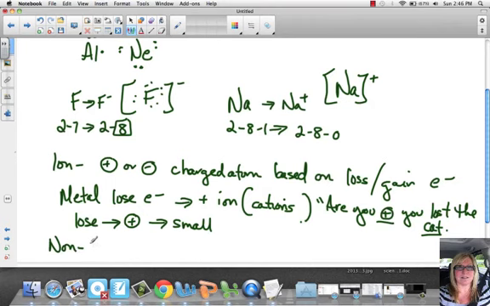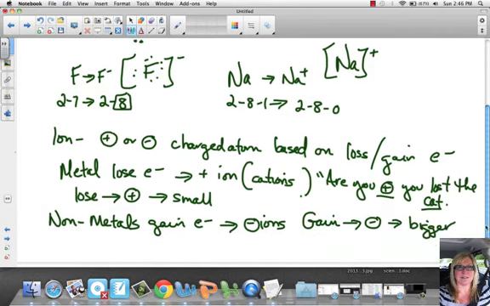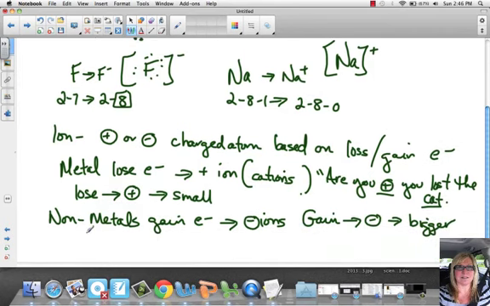Nonmetals tend to gain electrons and form negative ions. Because when you gain weight, you become more negative and you get bigger. So think of weight loss and weight gain in terms of electrons, and it might help you remember it.